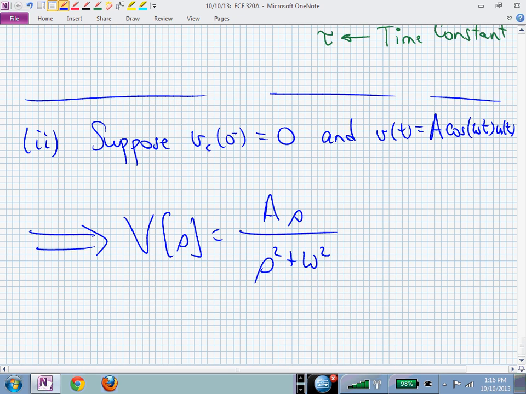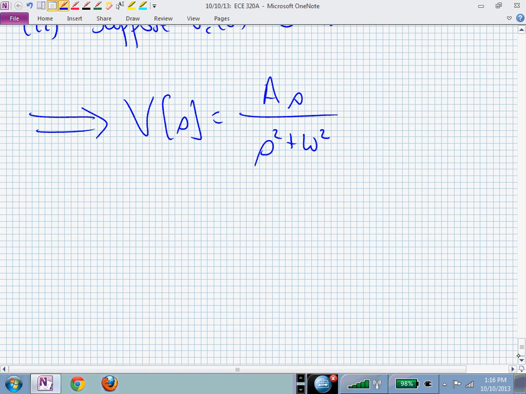We don't have to redo any of the circuit analysis. We've already got our transfer function from the original analysis, so we can now write immediately the Laplace transform of our capacitor voltage.